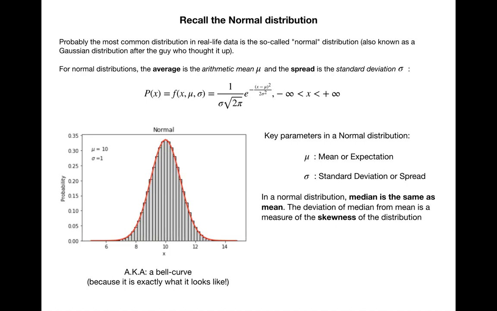The deviation of the median from the mean is actually a measure called the skewness of the distribution. In a Gaussian distribution, mu is calculated by averaging all the data points, and the standard deviation is mathematically known as the root mean square variation.